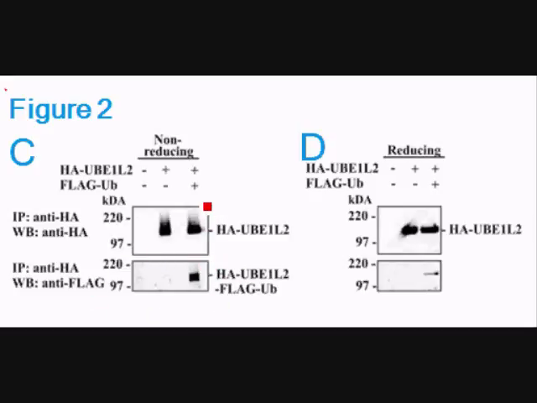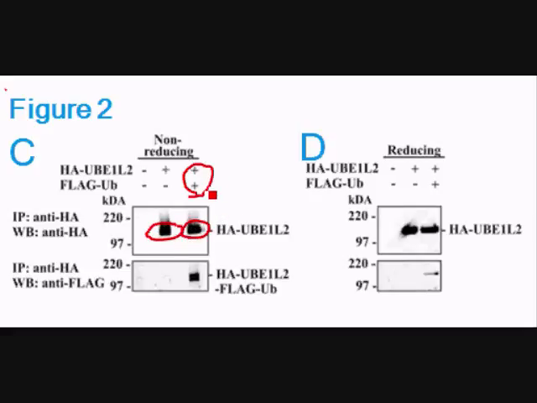So the one lane to note here is that when they transfected the cells with both plasmids, in other words, with both HA-UBE1L2 and flag tag ubiquitin, you can see that when they immunoblotted with the anti-HA tag, we see a protein band corresponding to UBE1L2, similar to when only the UBE1L2 plasmid was put into the cells.